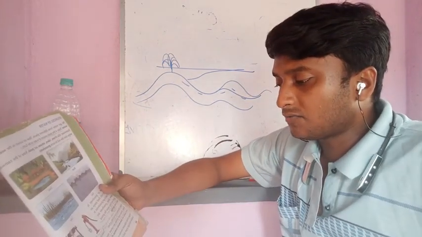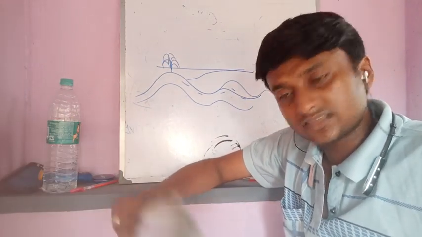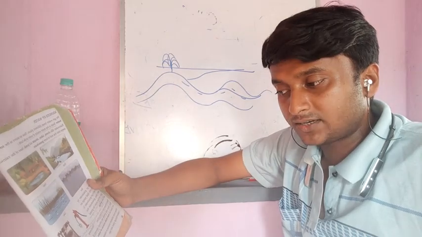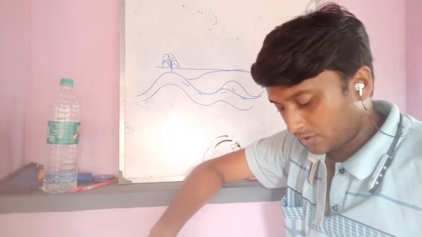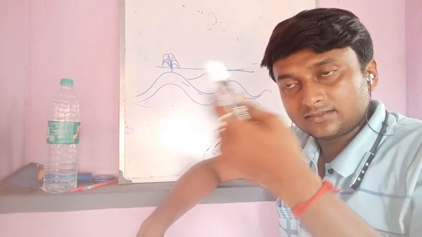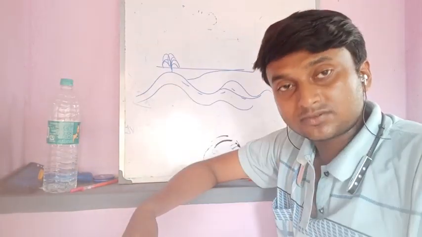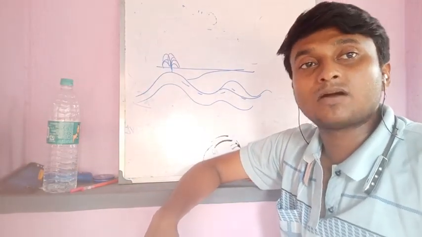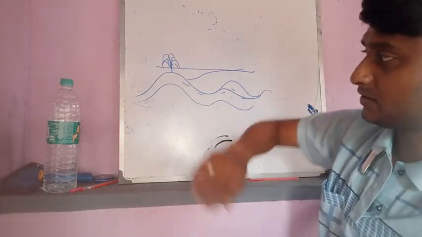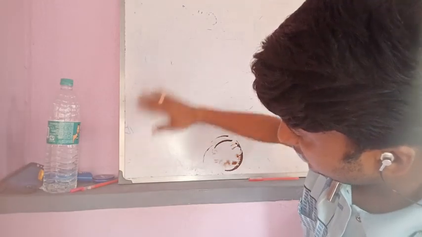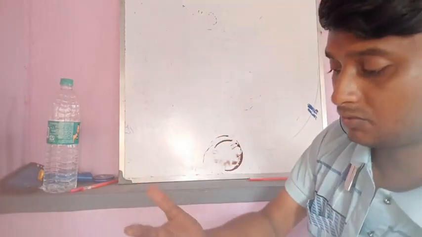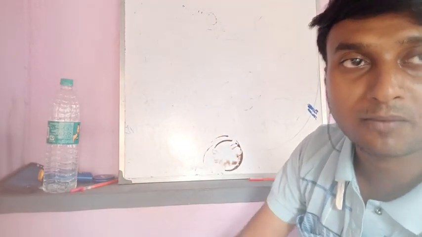Now, water from the different sources is cleaned. The clean water then reaches our homes through pipes and taps. Again an example, suppose this is the Ganges in a village area. In village areas we use hand pumps or electrical pumps.